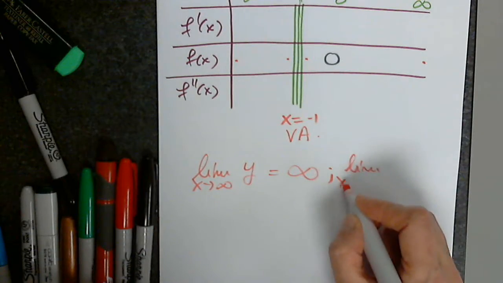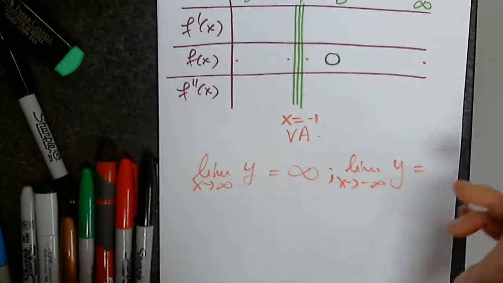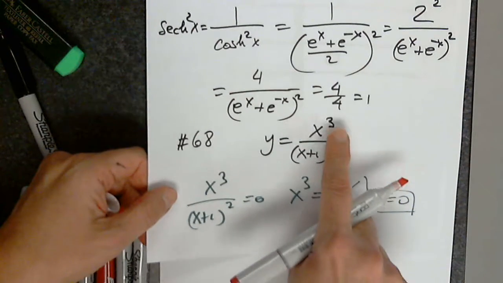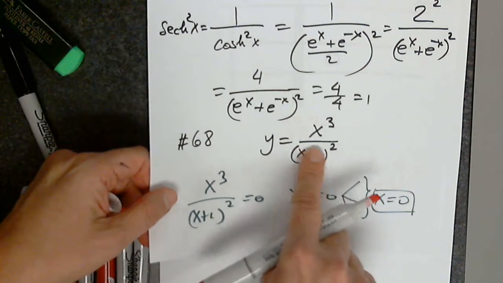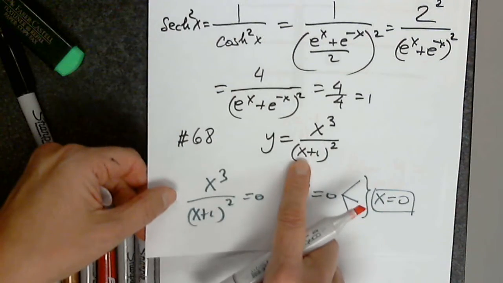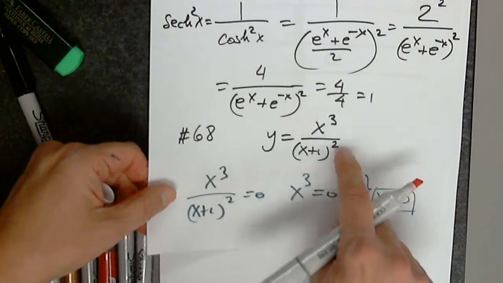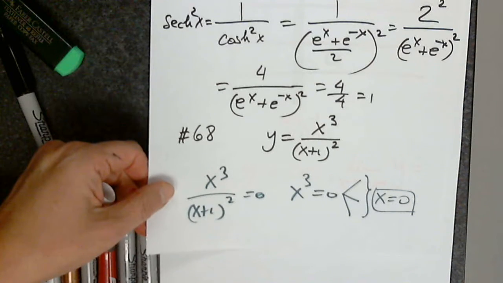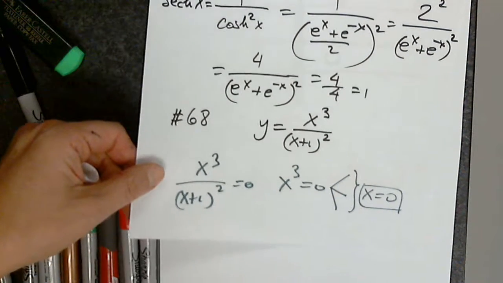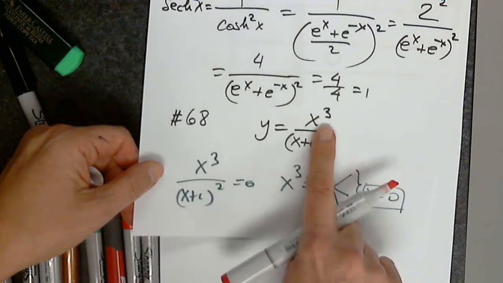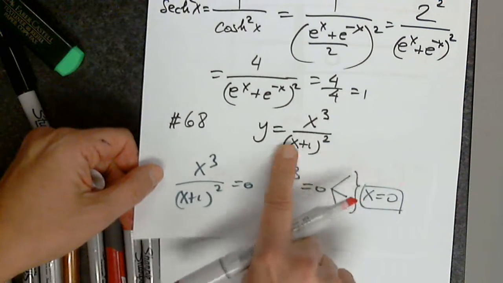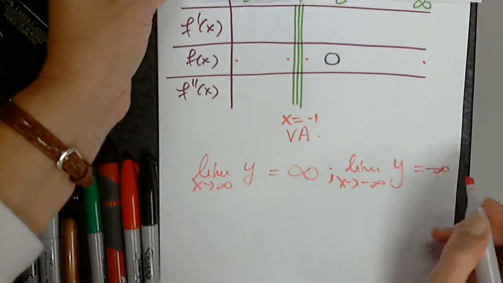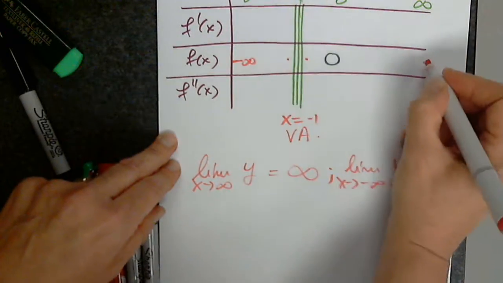Now limit as x approaches negative infinity of y. The bottom is still smaller than the top, and it's always positive, no matter what. So where does this whole thing go? Negative, it's to the third power. This is positive, but this will be negative infinity. So negative infinity and infinity.